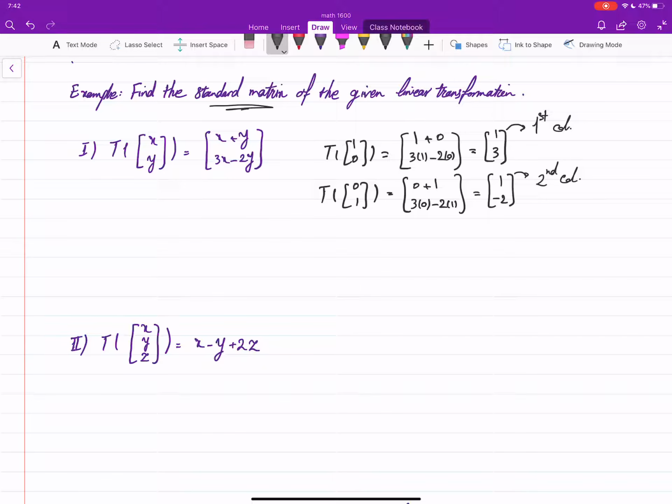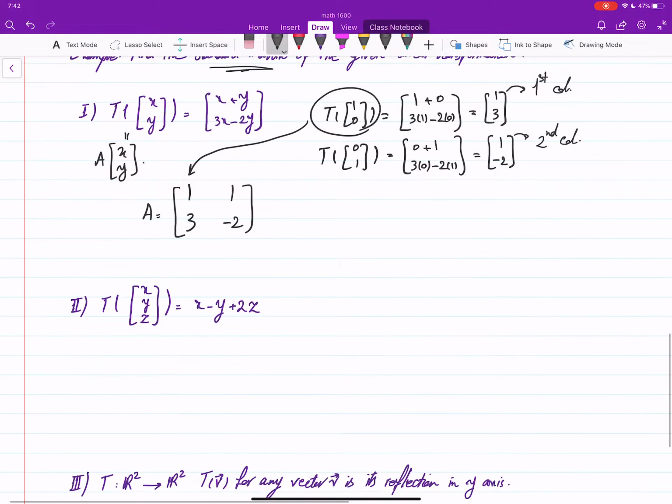So the standard matrix for this transformation, A, is 1, 3, T of 1, 0 in the first column, and T of 0, 1 in the second column. And you can check that actually this T is the same thing as A multiplied to (x, y). That's a good practice. You pause it and try to see if that occurs here or not.